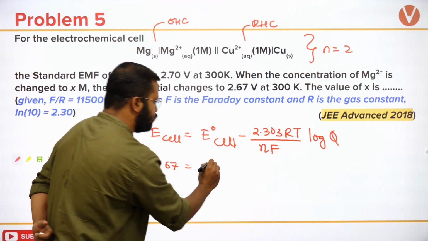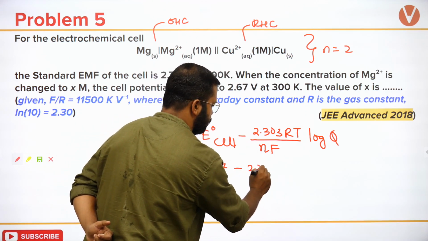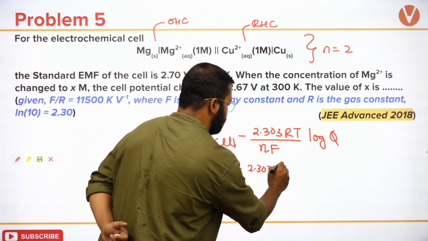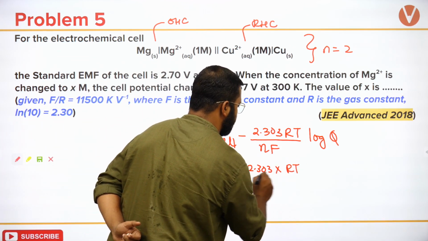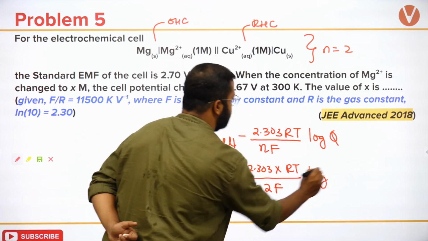E naught cell is 2.7 minus 2.303 times RT by 2F log Q.